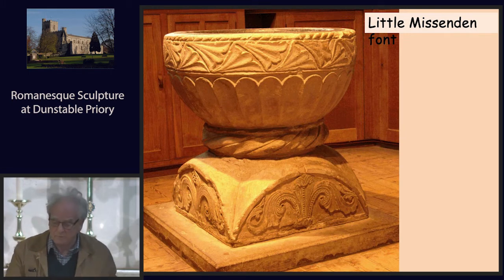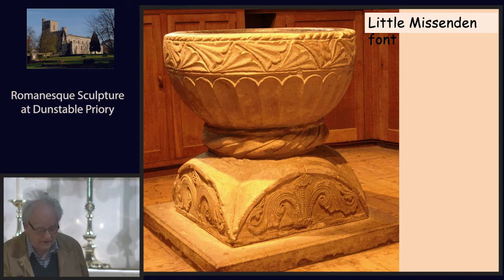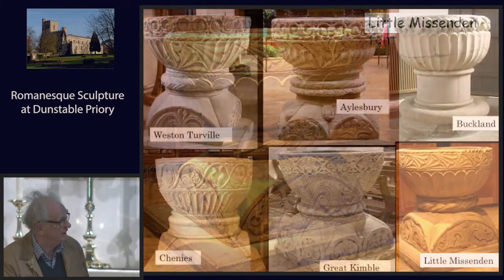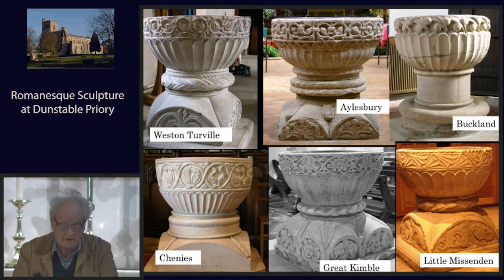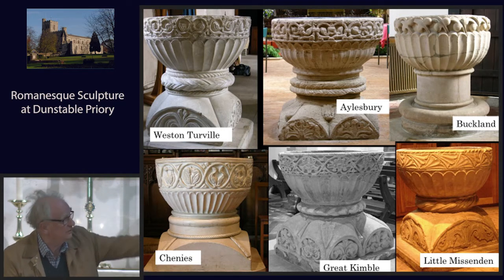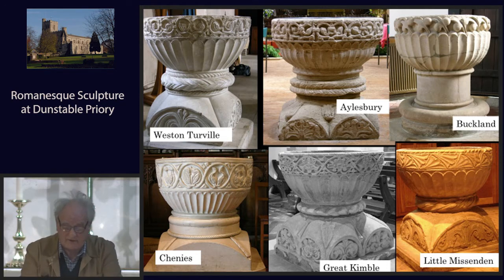And if we look at a few more of them, we'll see the same features recurring over and over again. And these are figures we see on that font over there. What we don't see on that font over there is the characteristic chalice shape, the shape of the bowl. Our font here is a tub.